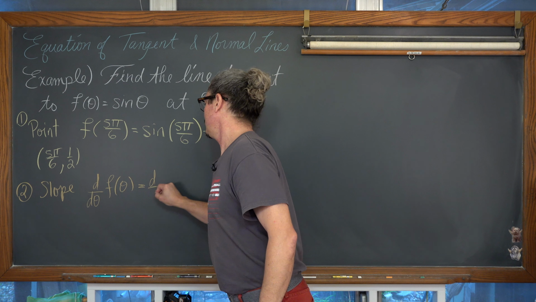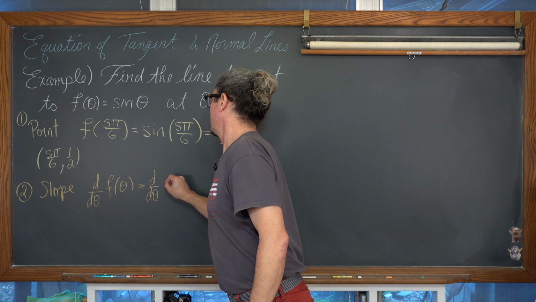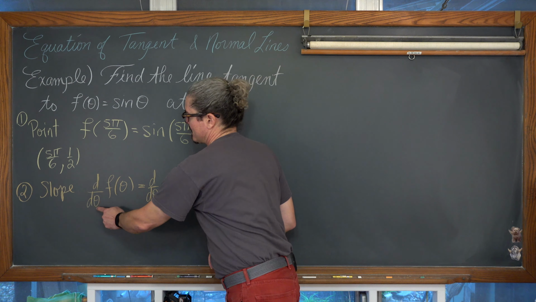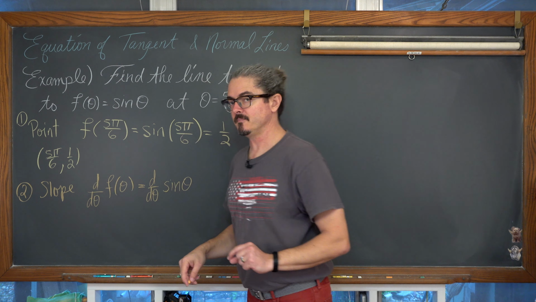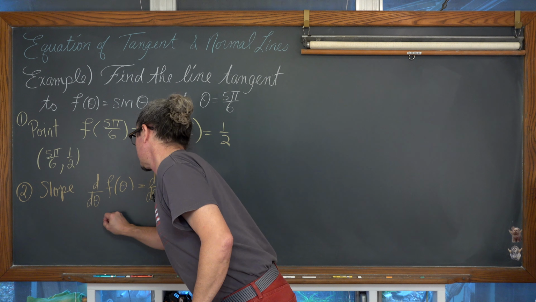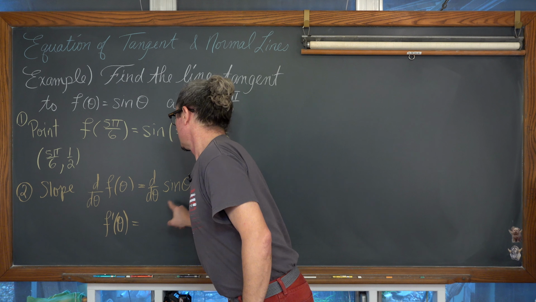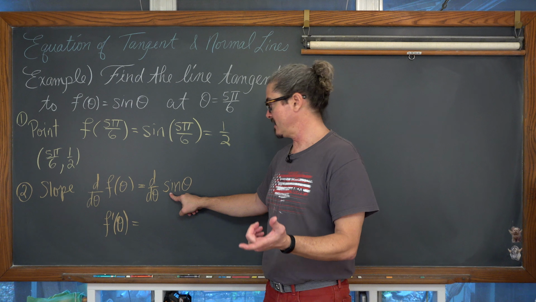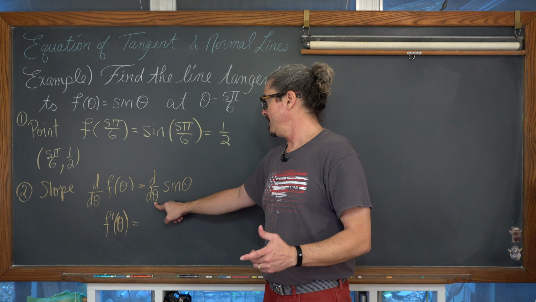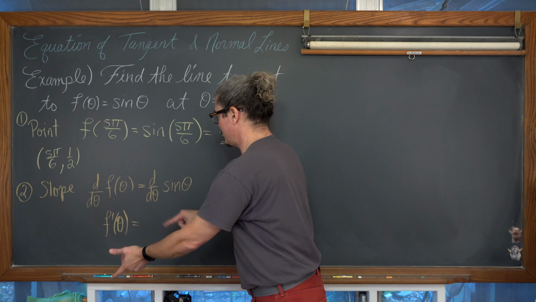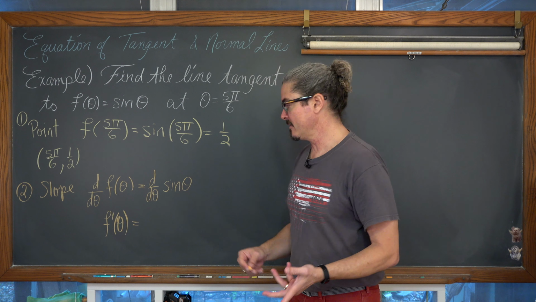So we have the derivative with respect to theta of the sine of theta. The derivative with respect to theta of f of theta is simply f prime. And the derivative of the sine of theta with respect to theta, as long as the variable with which we're taking the derivative is the same as our independent variable, there's no chain rule.